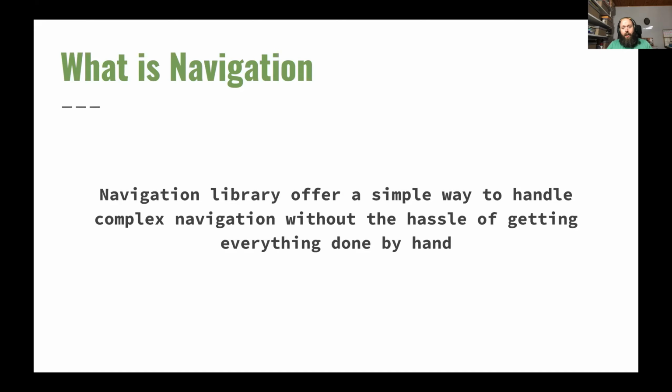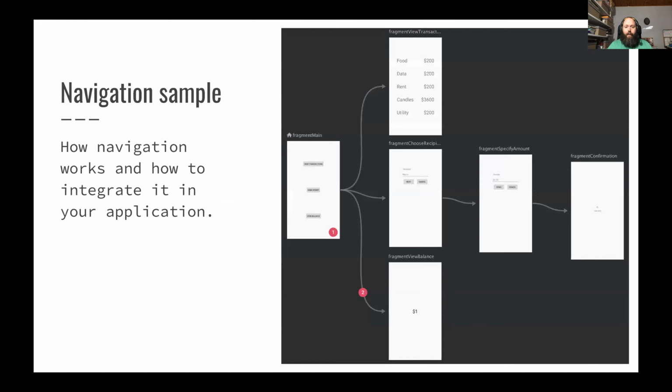But with navigation, you can have a simple graph that shows you how all the fragments in your application are connected. And this is really a good approach, because in an instant you can see that from the fragment main, you can go to the transaction, you can go to choose a recipe, you can specify the amount from then, and so on.